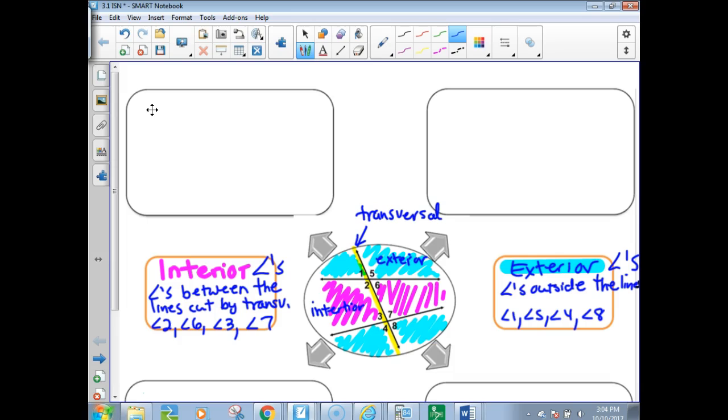Okay. The first type of angles I'd like us to do are called alternate interior angles. I will allow abbreviation of those words later: ALT, INT, and then angles or the angle symbol.